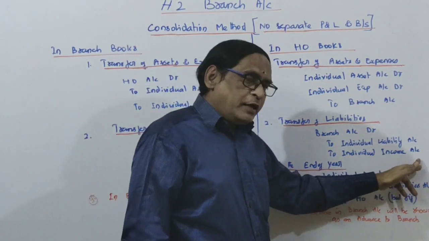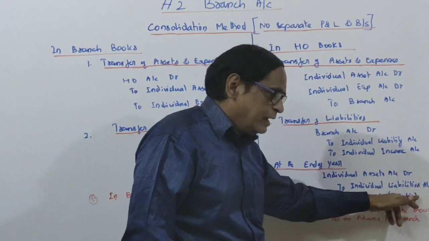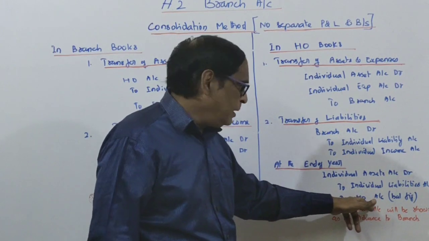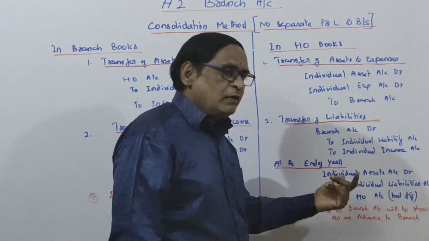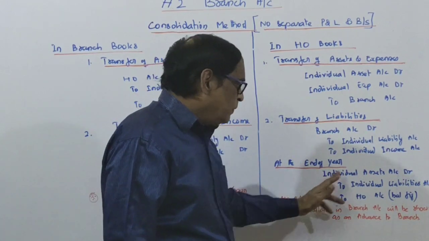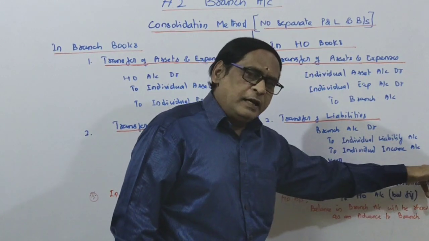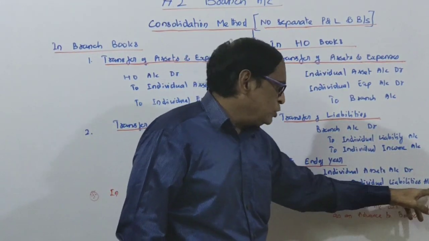Individual assets account debit to individual liabilities account. If there is any difference, it should be credited to head office account. For example, assets 10 lakhs, liabilities 8 lakhs, 2 lakhs will be the difference. So, individual assets account debit 10 lakhs, individual liabilities account debit 8 lakhs, to head office account, this is a balancing figure, rupees 2 lakhs.